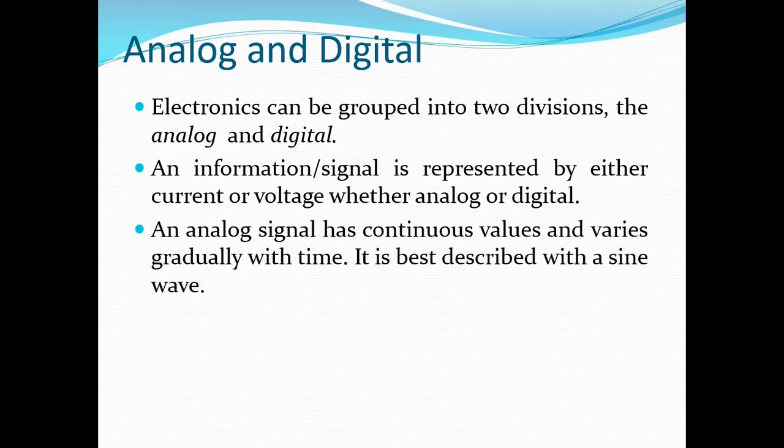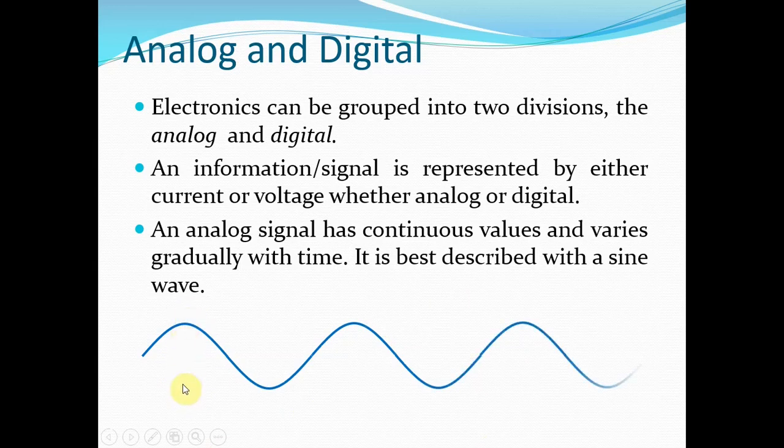In terms of analog signal, it is best described by this waveform. The height of the signal is the amplitude, and the expansion or the compression of this signal is the frequency.